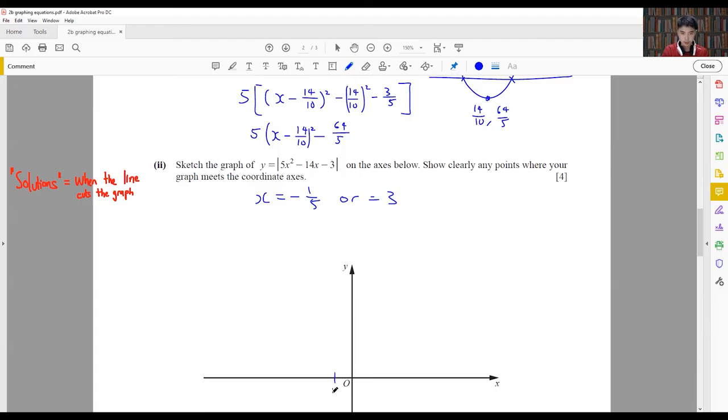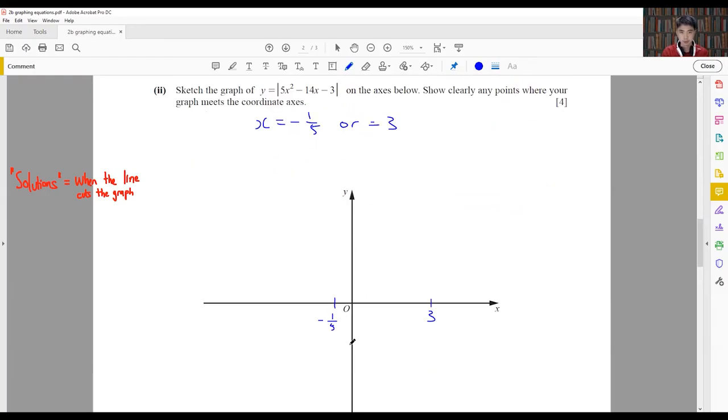Let's say negative 1 over 5 is here. Let's say 3 is here, and it intersects at the negative 3 value, which means since it is a modulus, it would intersect at the positive 3 value. Okay, then finally sketch our graph. It's going to look something like this and bounce off.